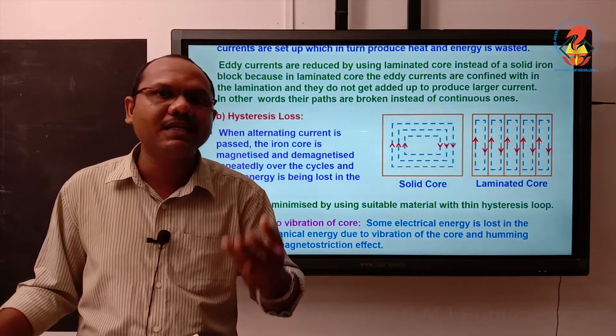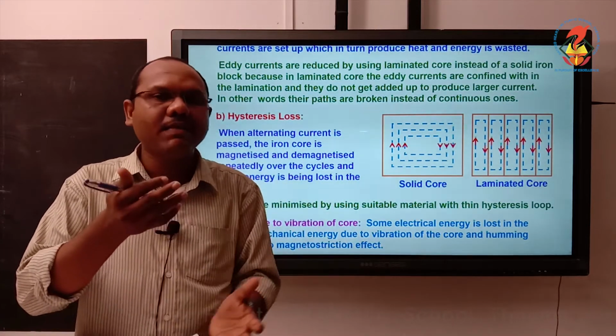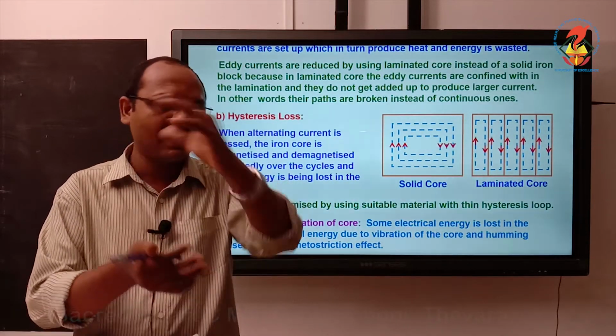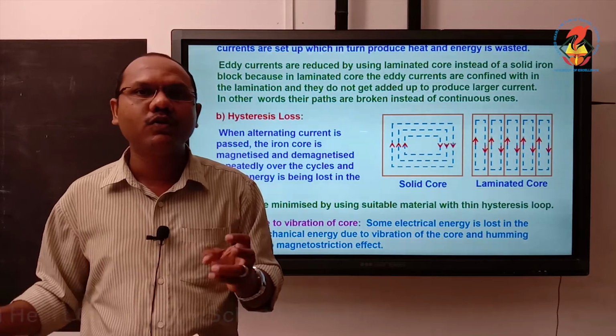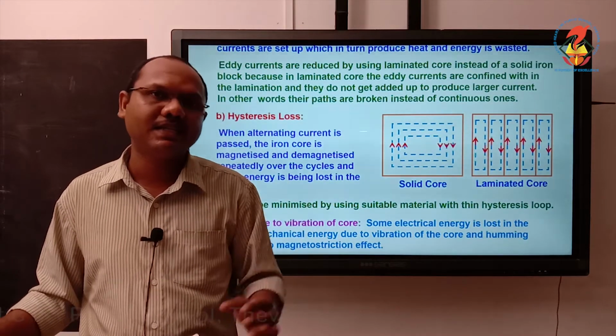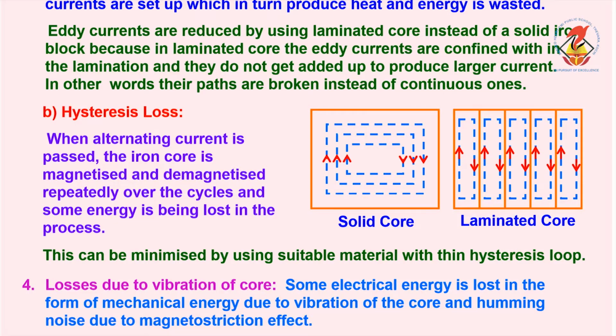Due to the change in direction, the iron core gets magnetized and demagnetized again and again. That process happens continuously, and due to that, energy is wasted as heat. That is called hysteresis loss.